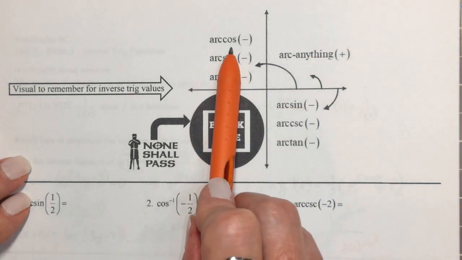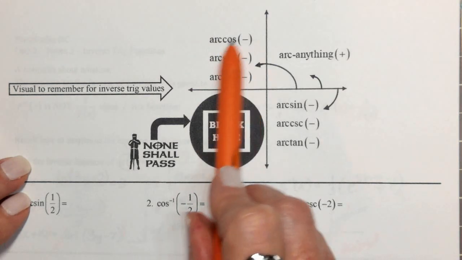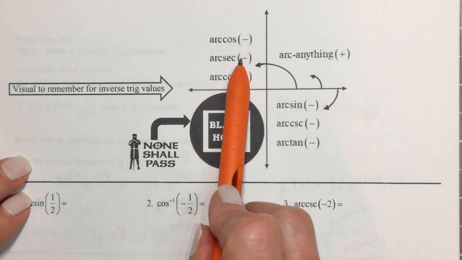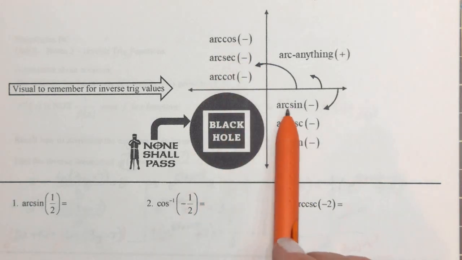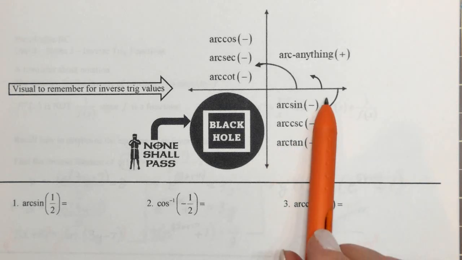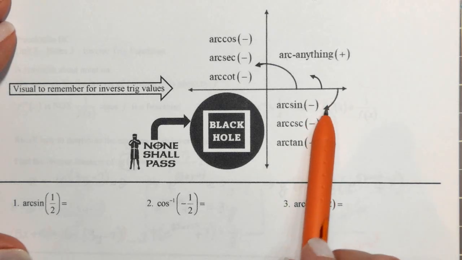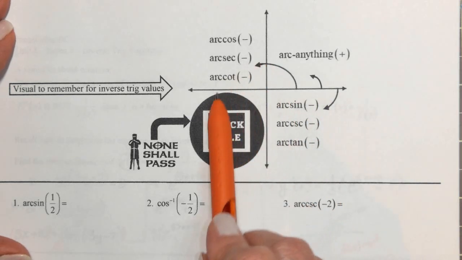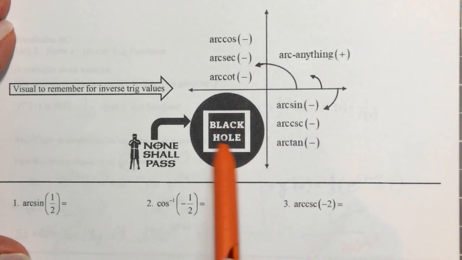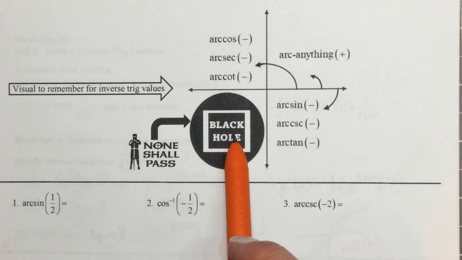If it's arc cosine of a negative, arc secant of a negative, arc cotangent of a negative, you come over here to quadrant 2. If it's arc sine of a negative, arc cosecant of a negative, or arc tangent of a negative, you go to quadrant 4. However, you go backwards to get there. It's going to be a negative angle to get there. You do not go through quadrant 3 to get there.